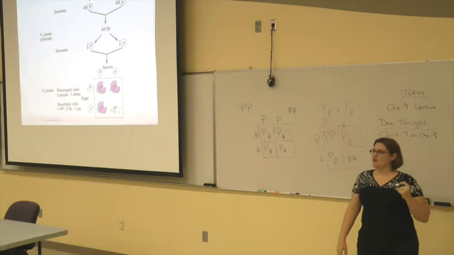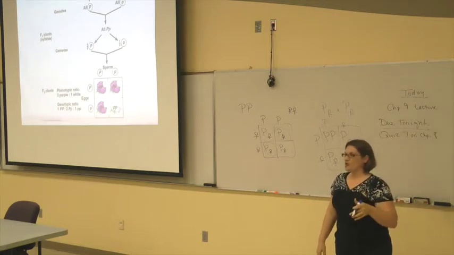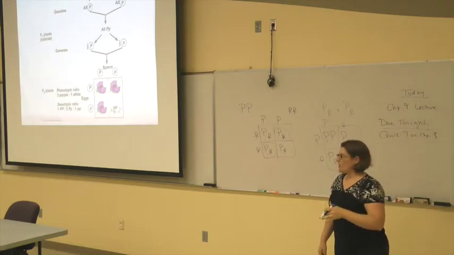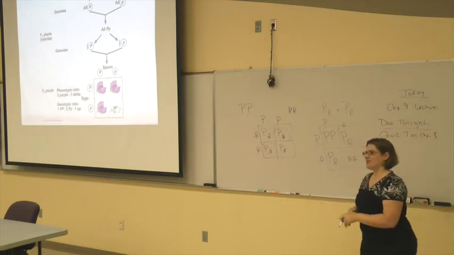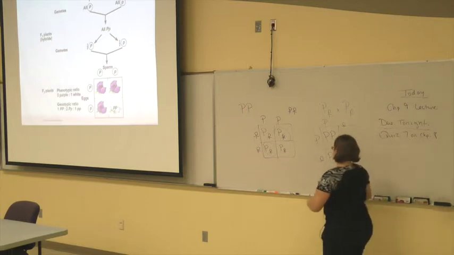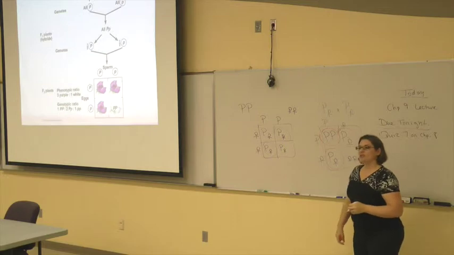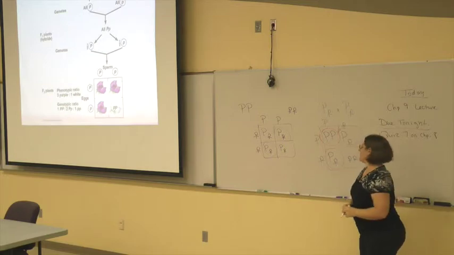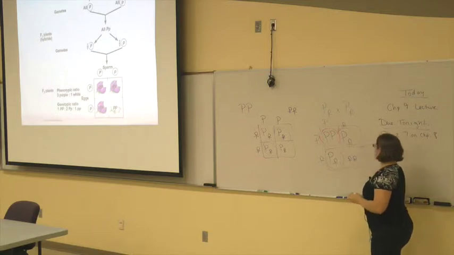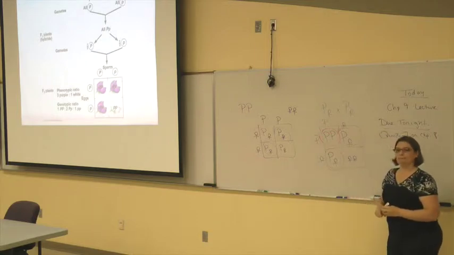Remember what the outcome was? That 3/4 were purple and only 1/4 was white? This is why. These three genotypes, because they have at least one dominant big P, are going to express the purple flower color, right? And only this one genotype will give you the white color.